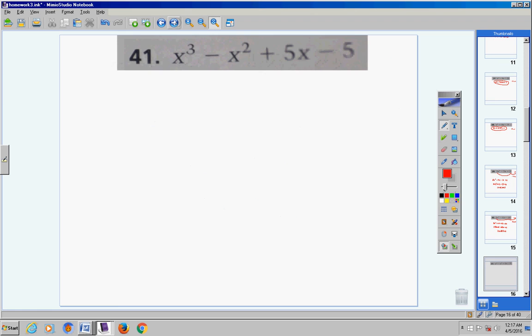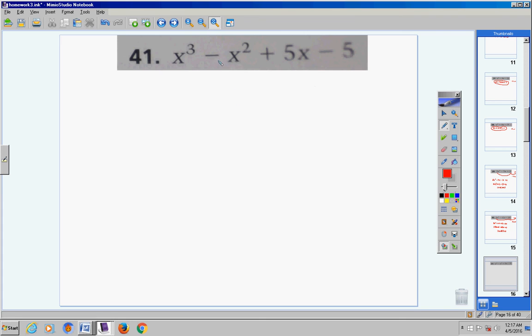Moving on to 41. Okay, now, we are going to factor this quadnomial. The first thing you do is you pull out what's common, and there's nothing common I can pull out of all four terms. So next I say to myself, I have a quadnomial. How do I factor a quadnomial?